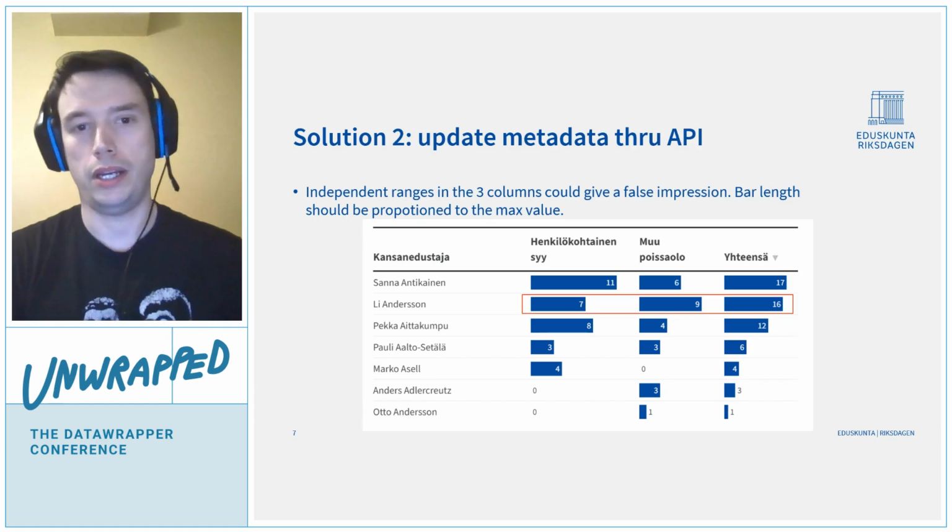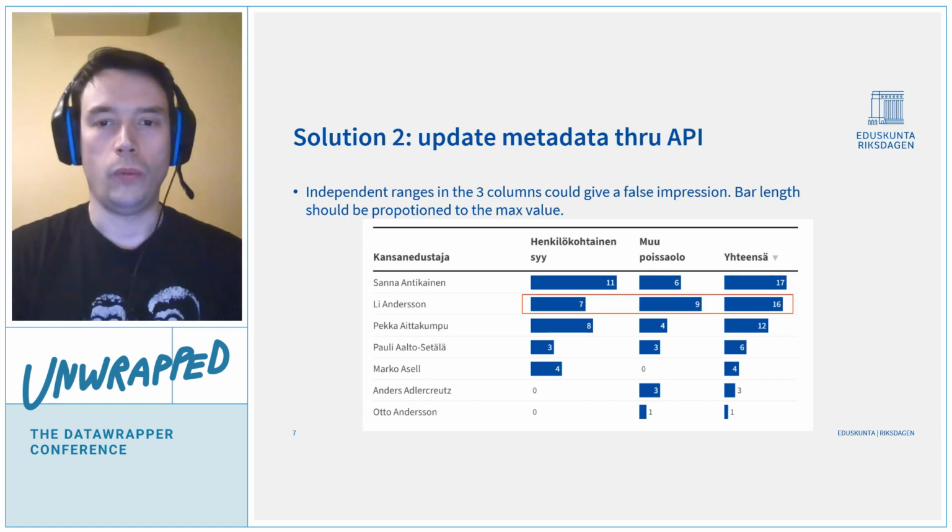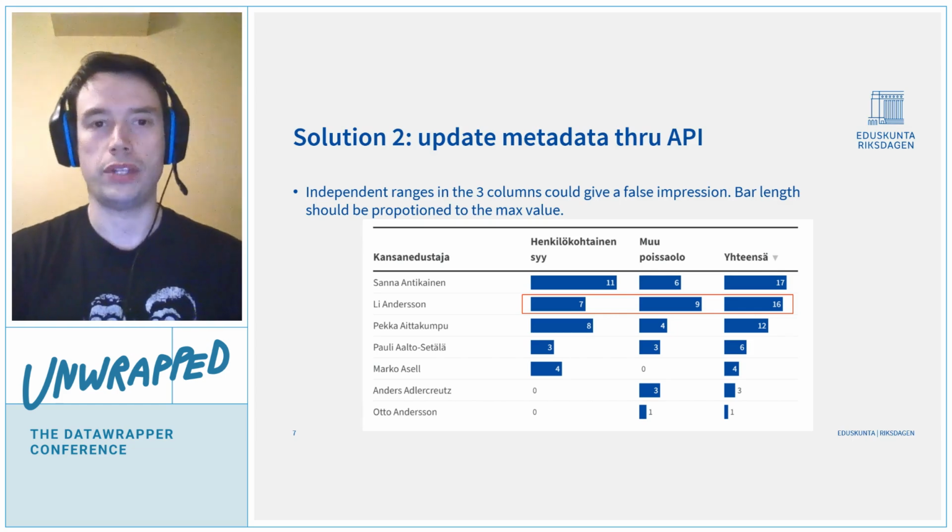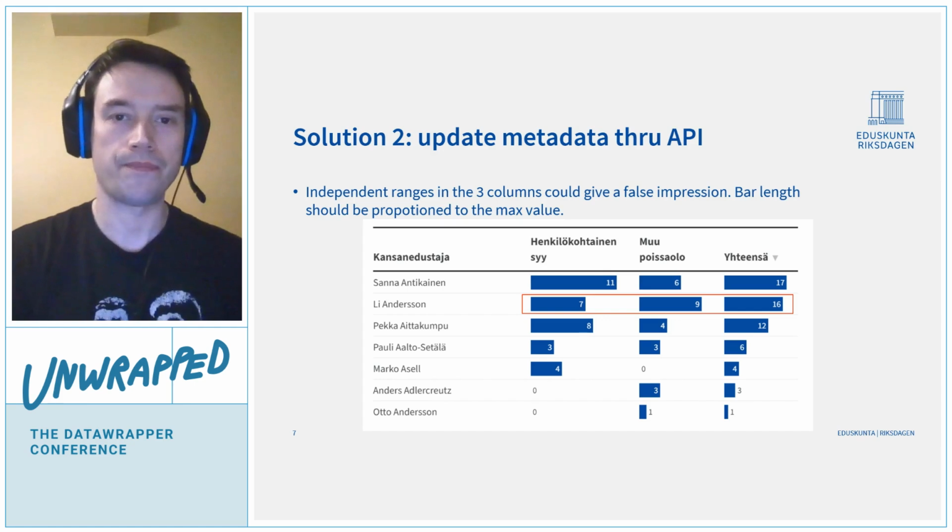I show this part of the chart again to show what kind of problem there is if the columns have independent ranges.